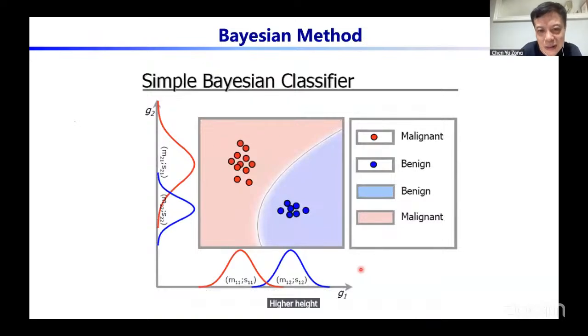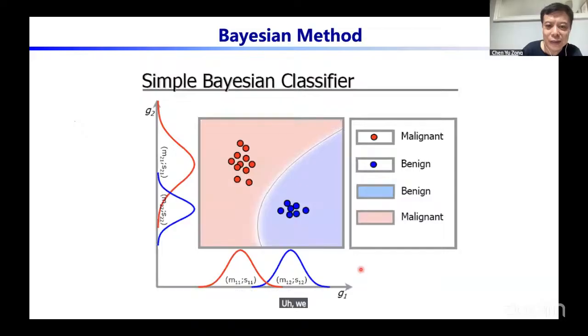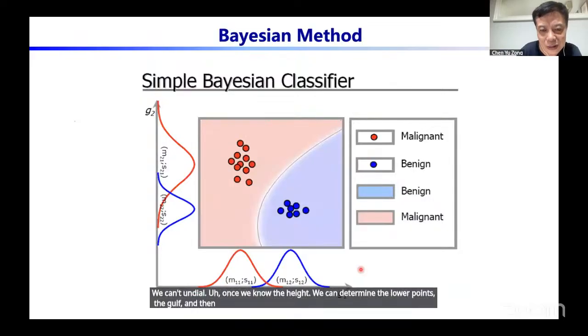There are certain regions that are the lowland regions, right? That is no problem. And once we know the heights, we can determine the lower points, the gulf, and then we can determine the borderline. But that is under the assumption that we can visualize those dots.